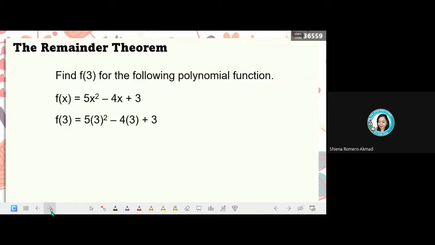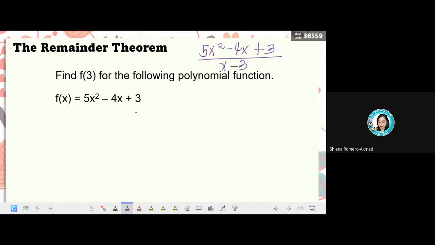P of A means you substitute the value of x into all the x variables that we have. So let us have a good example. This is f of 3 and this is our polynomial. Originally, when you divide, it would look like this: 5x squared minus 4x plus 3 divided by x minus 3. But this time, we are only looking for the remainder. So all we have to do is get the value of x, which is 3, and substitute it into every variable x.